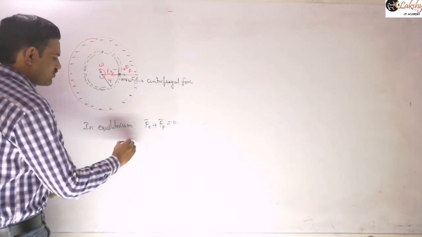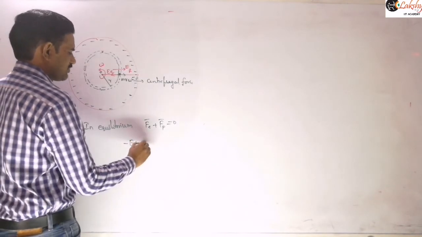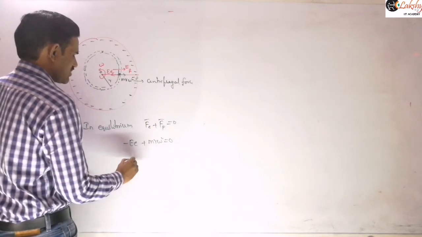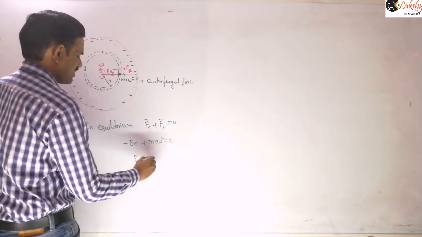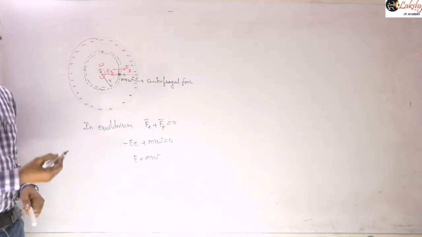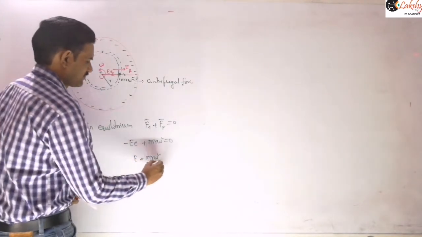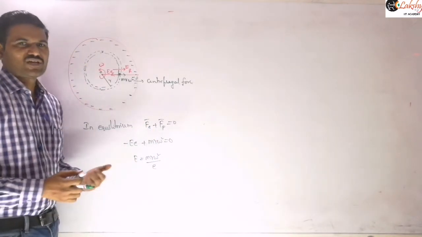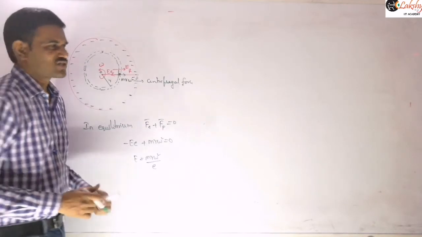So this electric force I can write as minus e into E, plus m r omega square, is equal to 0, and so E is equal to m r omega square by e. Now here E is the electric field developed in that region, right? And once you know the electric field, then we can calculate the potential difference there.